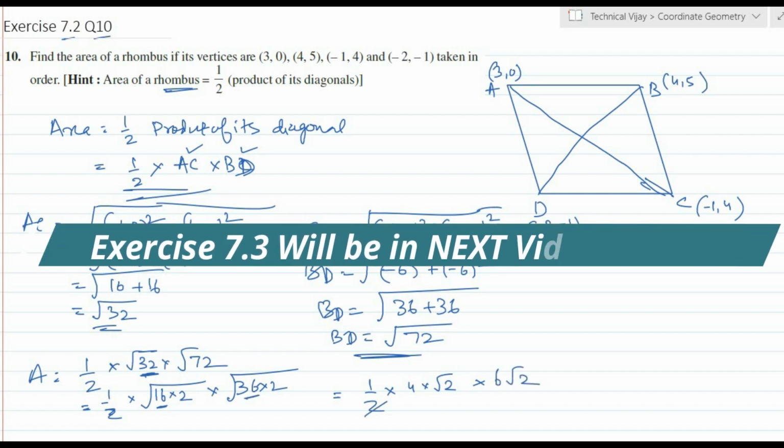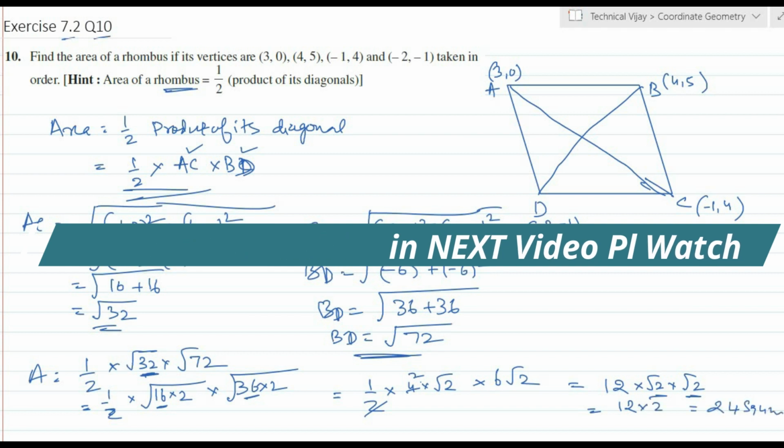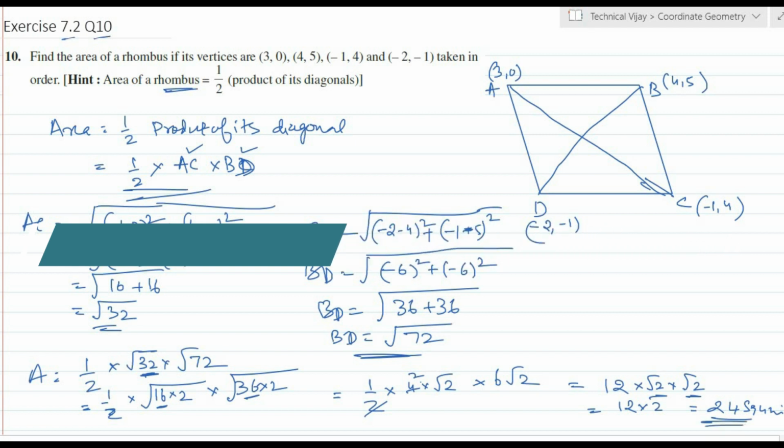So 2 ones are 2, twos are, so 2 into 6, that is 12 into root 2 into root 2. Root 2 into root 2 is 2 only, because root 2 square means 2 only. So 12 into 2 is equal to 24 square units. This is 24 square units.